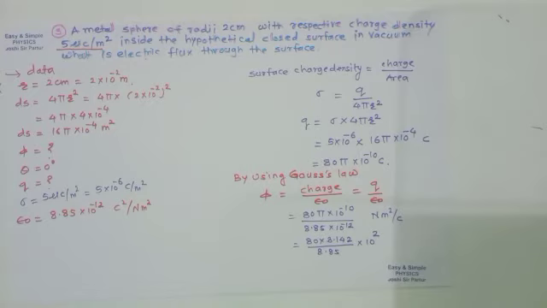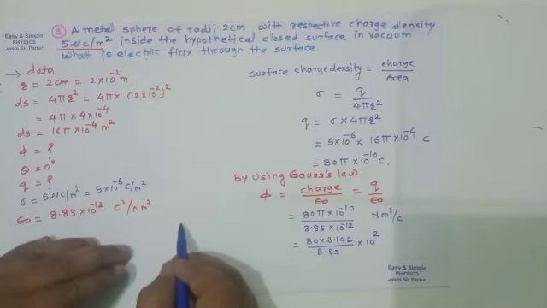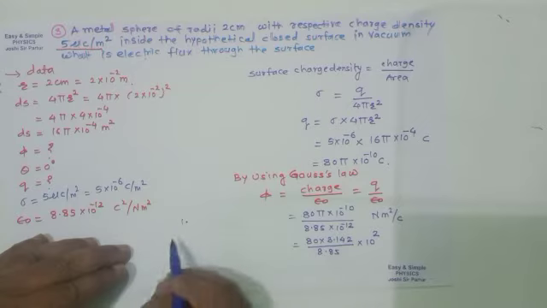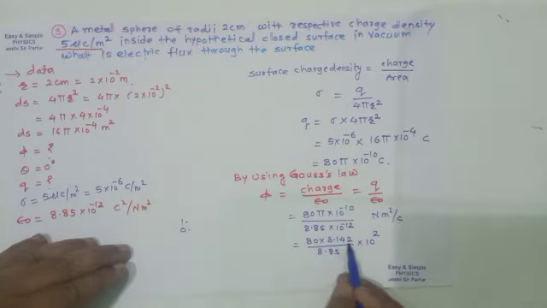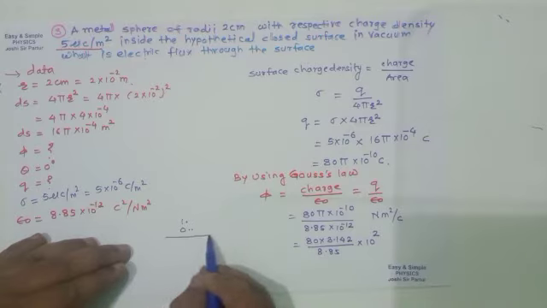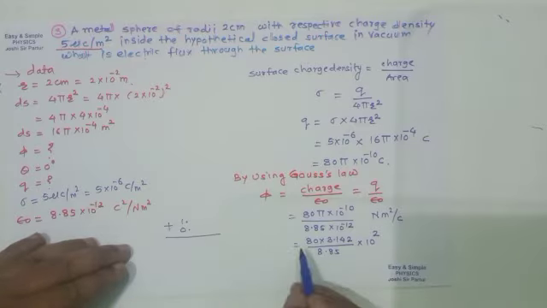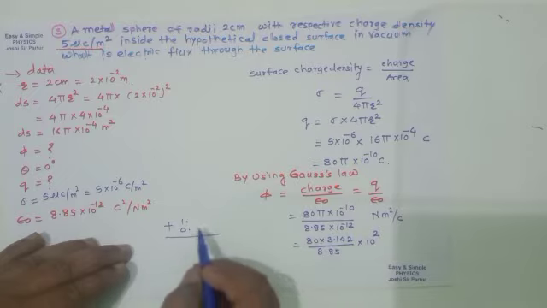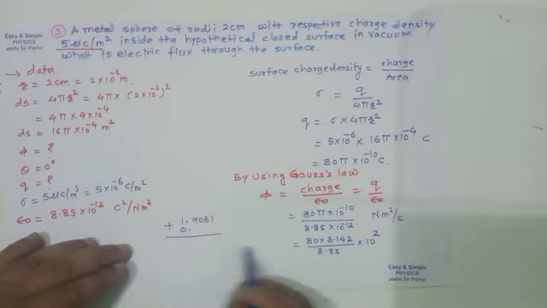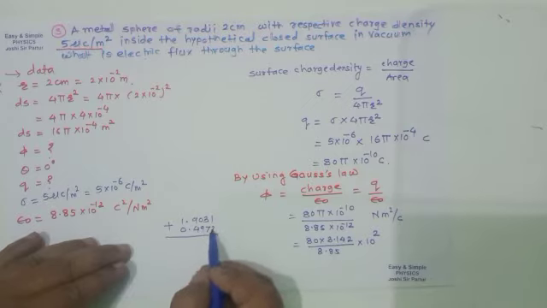Using logarithm, the characteristic of log of 80 will be 1 point, and the characteristic of log of 3.142 will be 0 point. So log of 80 will be 9031, and log of 3.142 will be 4972.